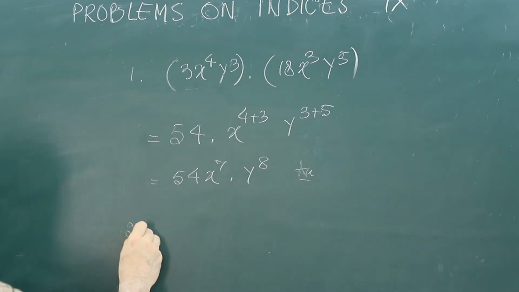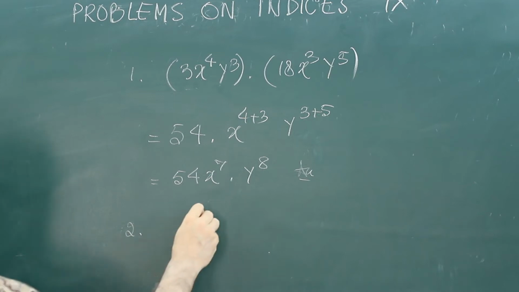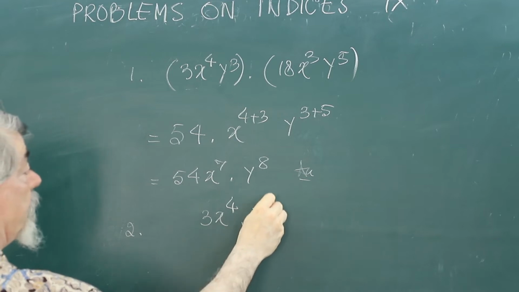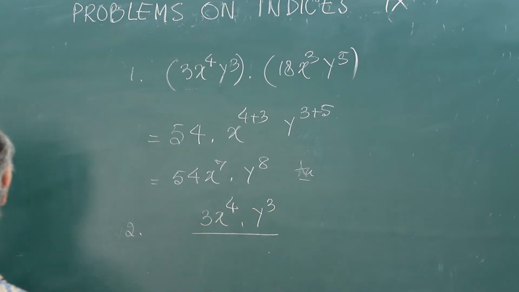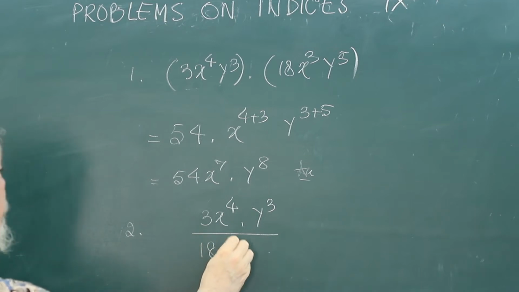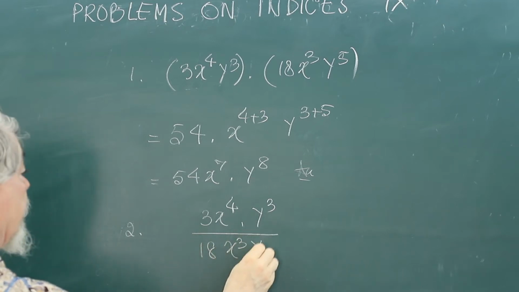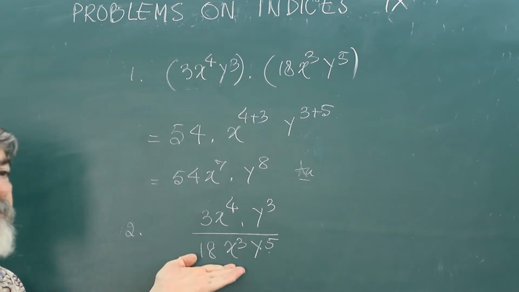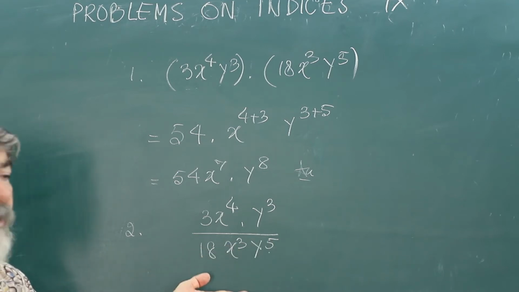Let us take question number 2, in which we have 3x to the power 4 y to the power 3 upon 18 x to the power 3 y to the power 5. Here we have some numbers and some variables in the denominator.